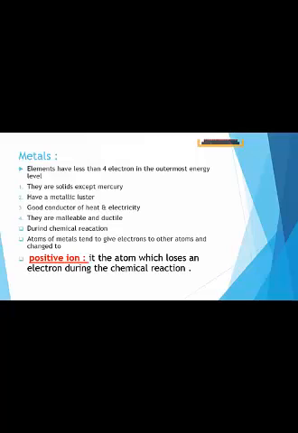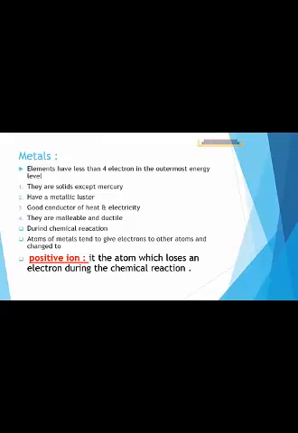So every element which contains less than 4 electrons in the outermost energy level is considered a metal. Metals are characterized by being solids, except mercury, which is liquid.